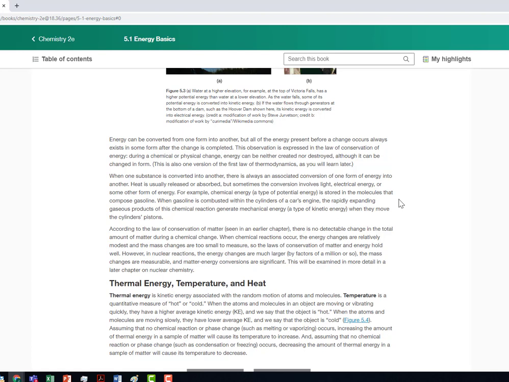And it turns out there's actually a relationship between those two, so we can actually convert between mass and energy. But that's something that we'll explore in greater detail in the second semester when we talk about nuclear chemistry. For now, we can assume that we can conserve energy and we can conserve mass, and most of the time those assumptions work fairly well.